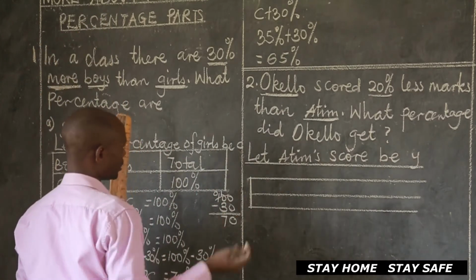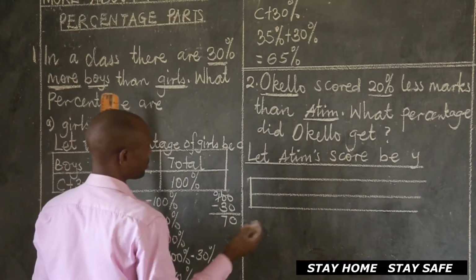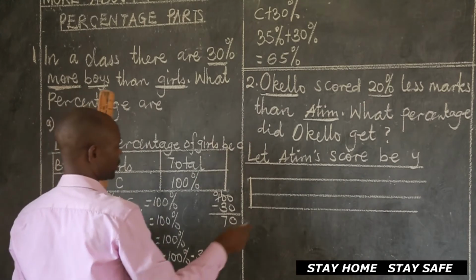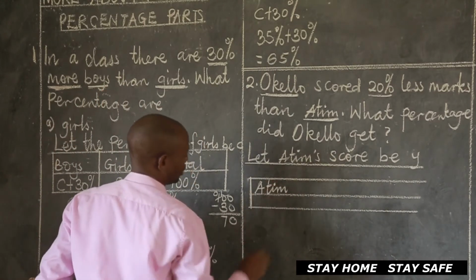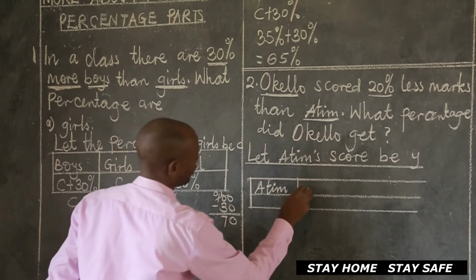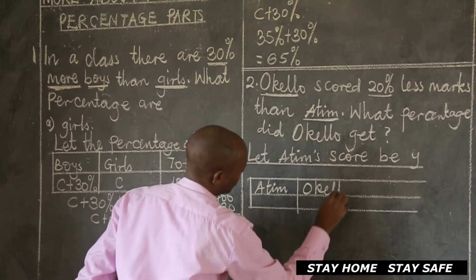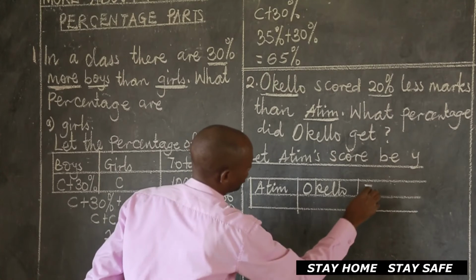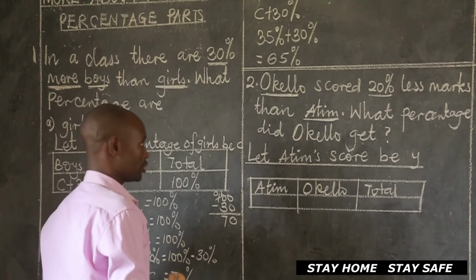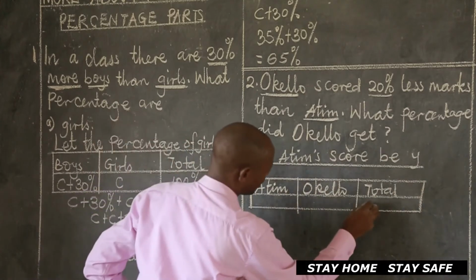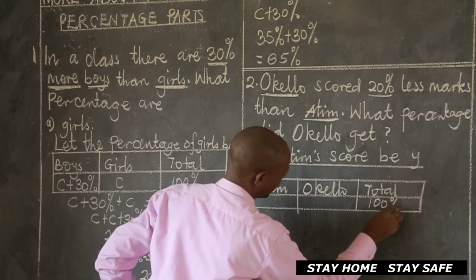Begin with anybody. You can begin with Okero, you can begin with a team. So here you can even say, let me begin with a team. Then we have Okero. And finally we have their total. So in terms of percentages, their total is 100%.